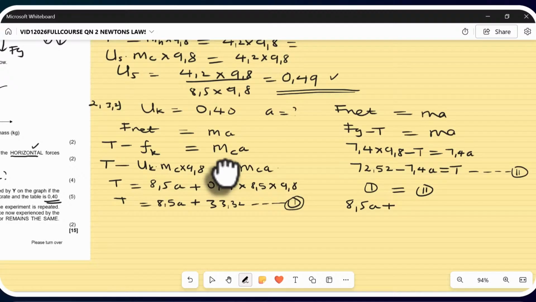If I collect like terms here, when I add the 8,5a and 7,4a, I get 15,9a, that is 15,9 times acceleration. Then 72,52 minus 33,32 gives me 39,2.